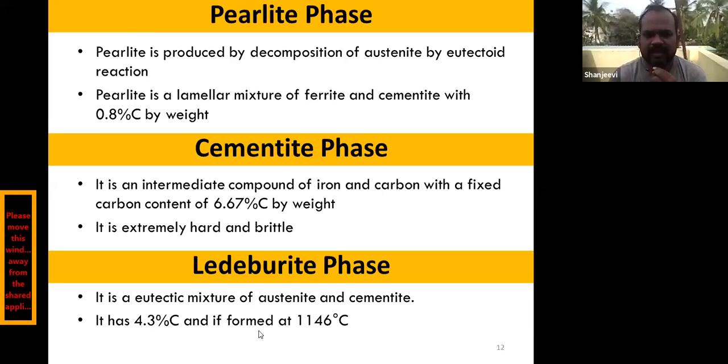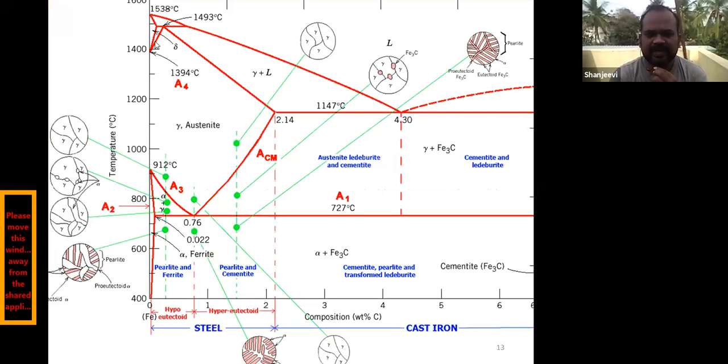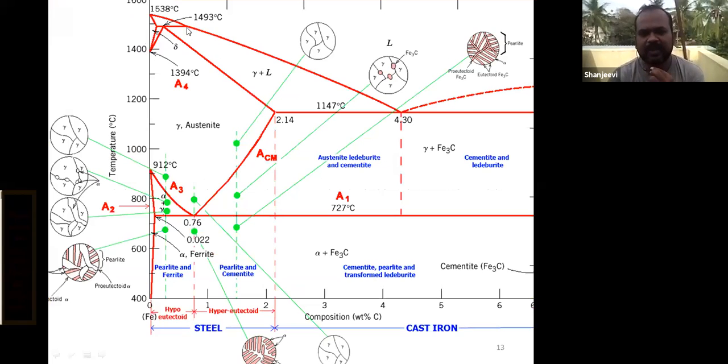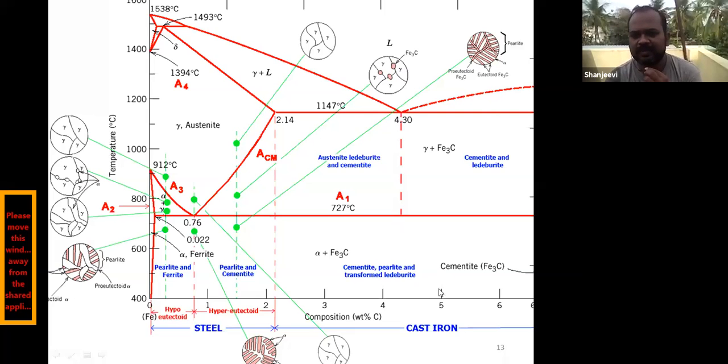Now, talking about three reactions. This is the peritectic reaction. The first reaction starts here, 1539 to 1395 degrees Celsius, and this is called the peritectic reaction. The second reaction is this one, called the eutectic reaction, where the major percentage of carbon is added.